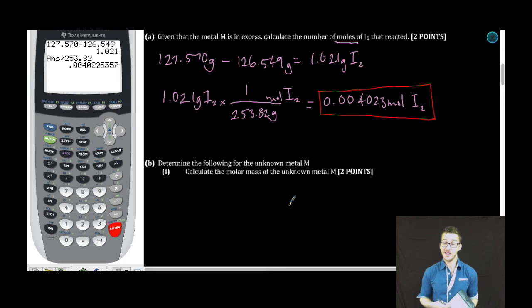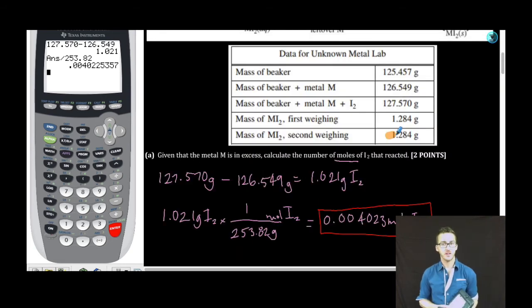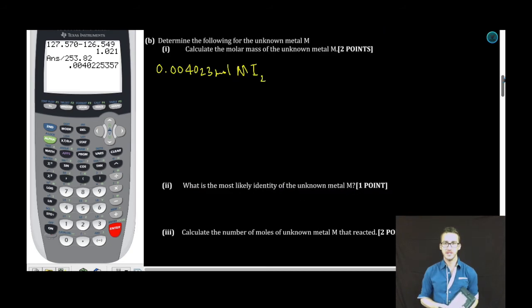Now, what does that tell me here? If I use 0.004023 moles of iodine, that means I must have made the same number of moles of my compound. Now, if I know how many moles of my compound I have, and I know that the mass of the compound formed is 1.284 grams, I can determine the molar mass of my compound.